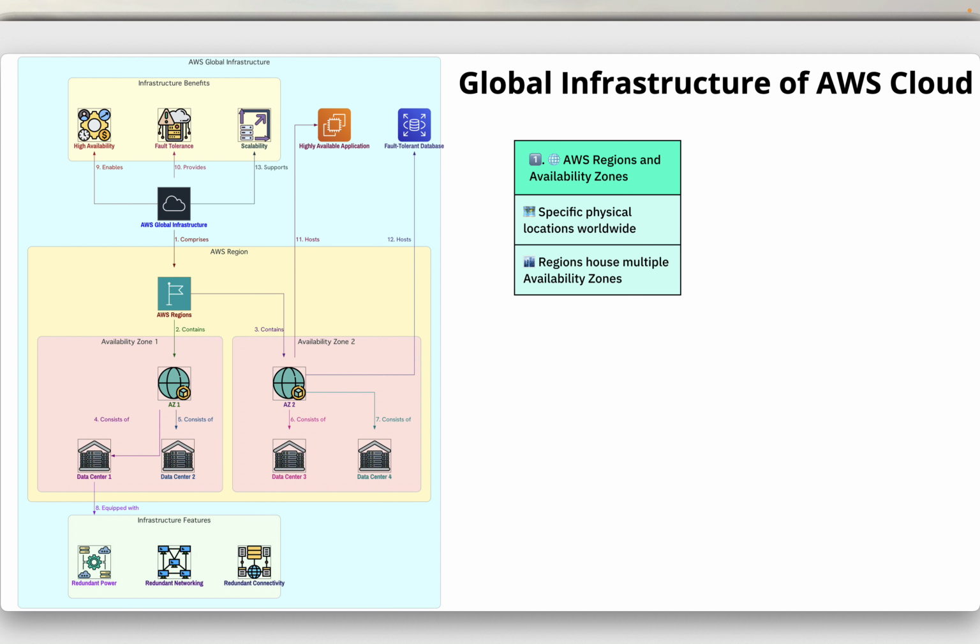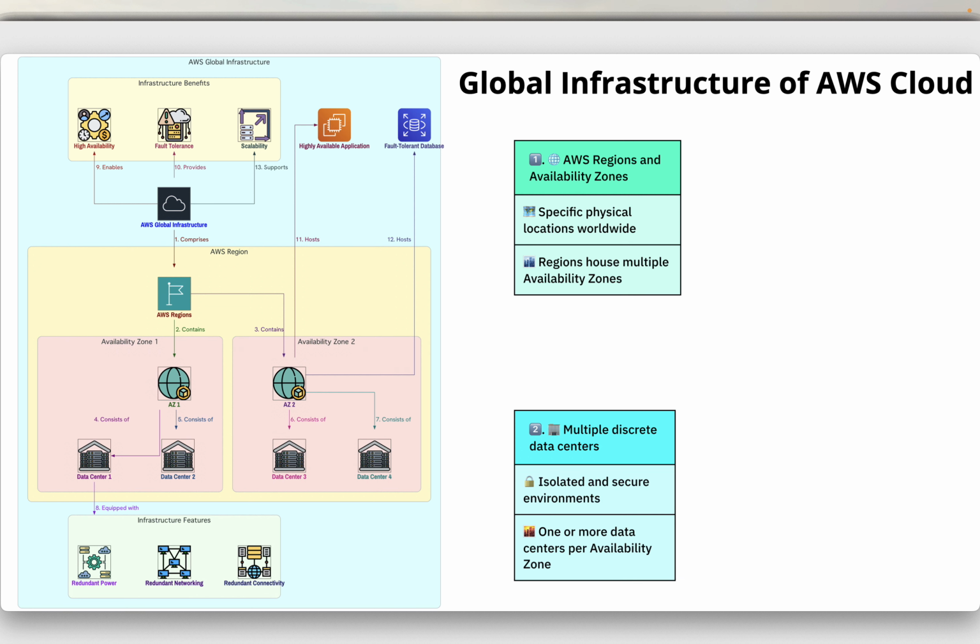AWS cloud infrastructure is structured around regions and availability zones, with each region being a specific physical location around the world that houses multiple availability zones, or AZs. Each availability zone comprises one or more discrete data centers, ensuring isolated and secure environments within the same region.